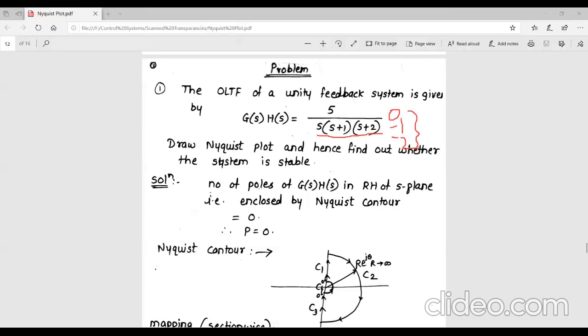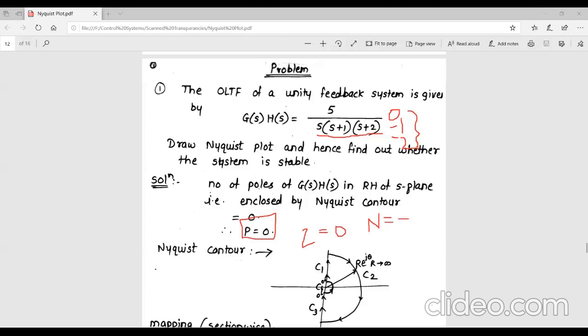Please understand, we are analyzing the open loop transfer function to comment on closed loop stability, right? So out of these three, no pole lies in the right half of the s-plane, and that is why we conclude that P is equal to 0. There are no zeros, so Z is automatically equal to 0. Now, from the Nyquist criteria, N is equal to Z minus P, and Z is 0.